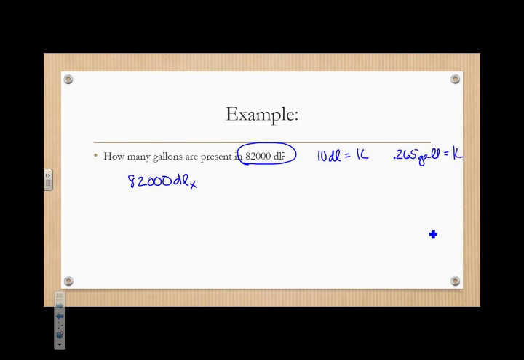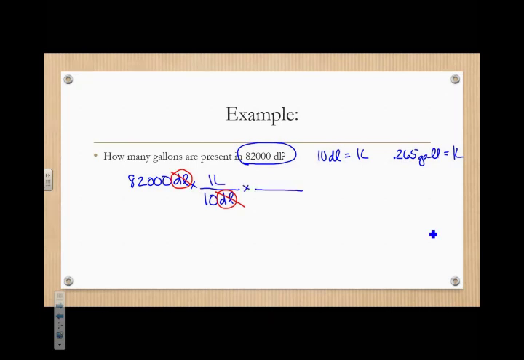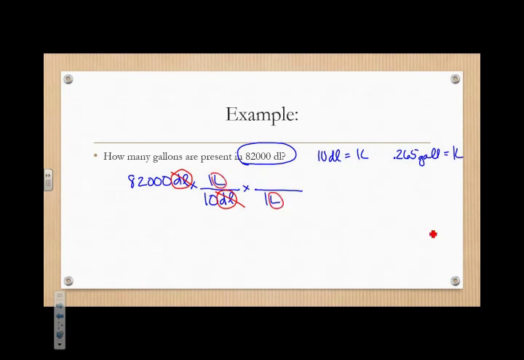So I've got my deciliters, and I want deciliters down here so that my units match and cancel out, just like that. And 1 liter goes on the top here, which tells me now I'm in liters, and now I have to get from liters into gallons. So 1 liter goes down here, so these guys cancel.